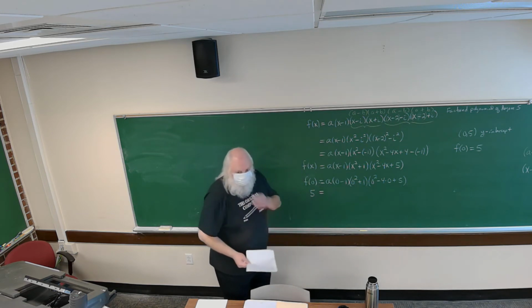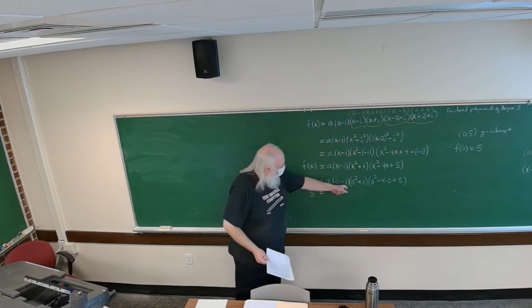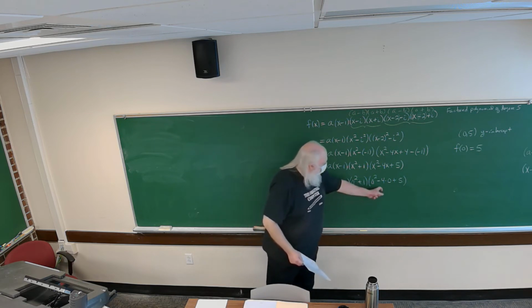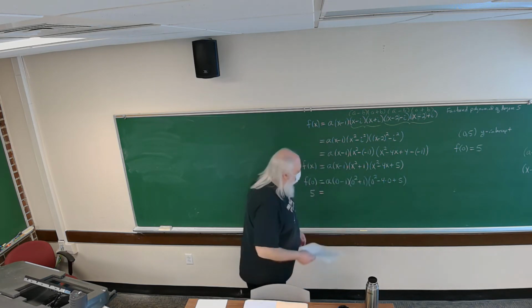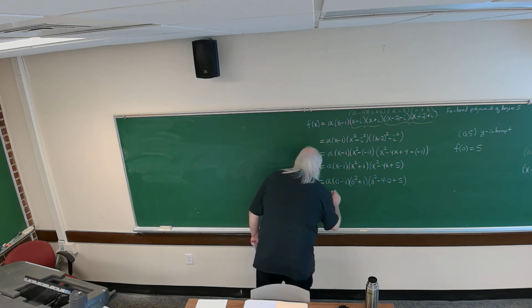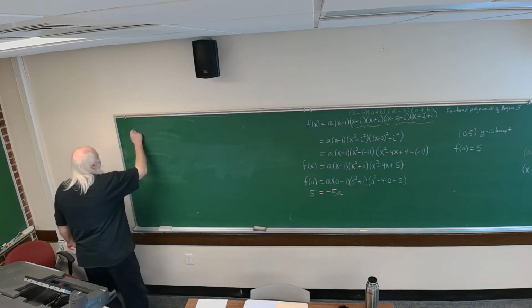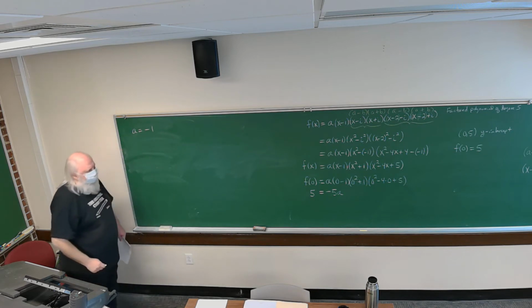And when you do the order of operations, you've got minus 1 times plus 1, which is minus 1. And this in parentheses is just equal to 5, so we have minus 1 times 5, which is negative 5. So we end up with minus 5a. And when I divide both sides by negative 5 and switch sides, we have a is equal to negative 1.